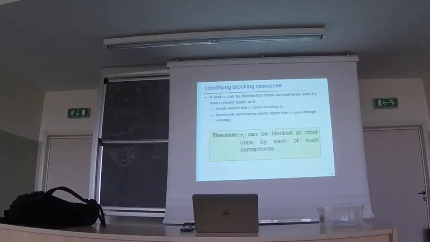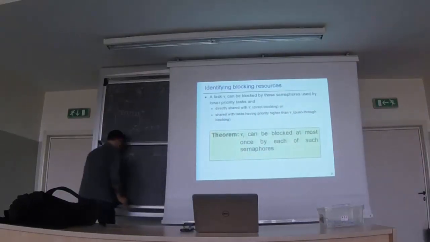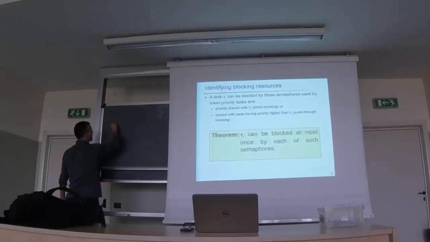Why is that? When am I blocked? I start executing, I do a wait on semaphore A. Blocked, because a low priority task here did a wait on semaphore A, started executing, and got preempted here by me, so that when I did the wait, I'm blocked.